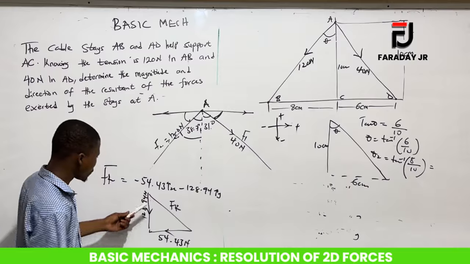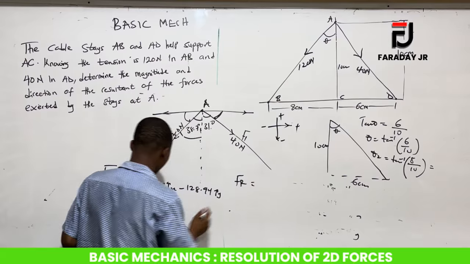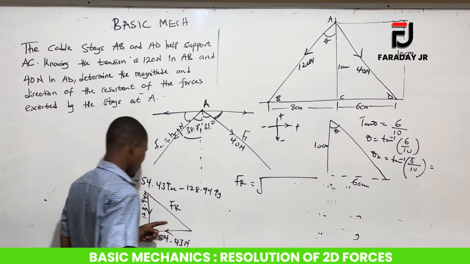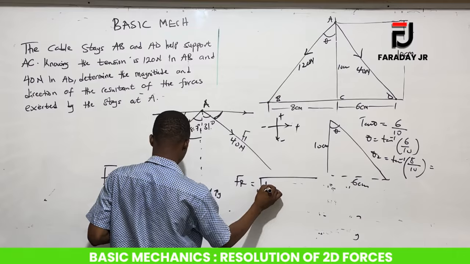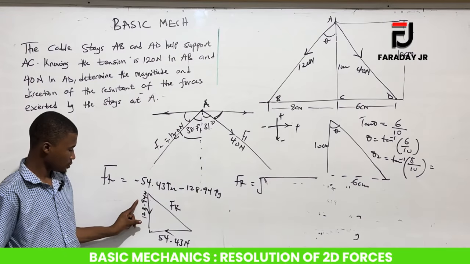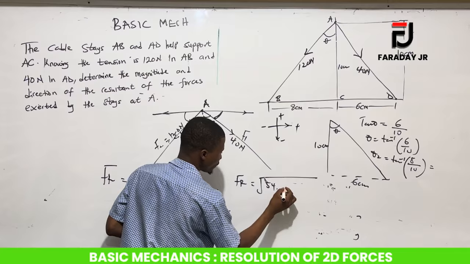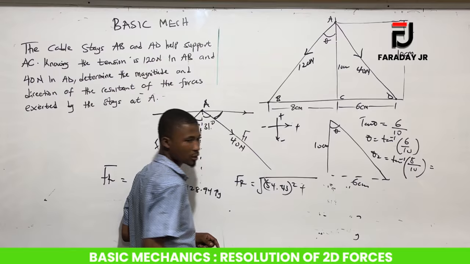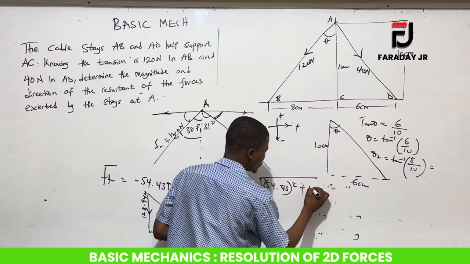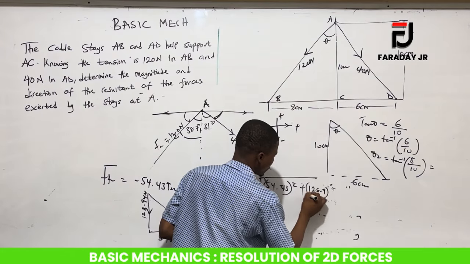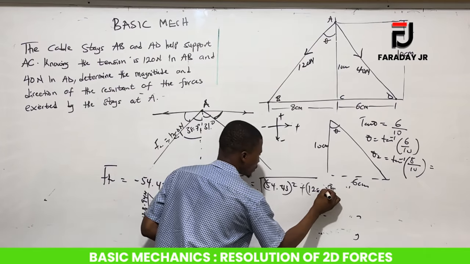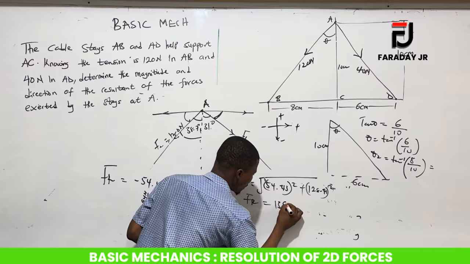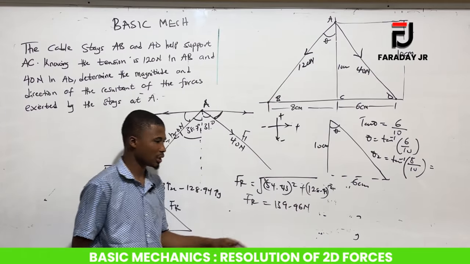So anytime we want to find the magnitude, FR will be equal to the square root of 54.43 all squared, so we can ignore the negative, plus 128.94 squared. So that will give us FR equals 139.96 Newton. So that is the magnitude.